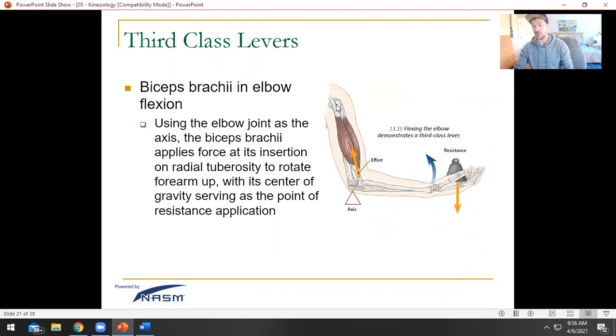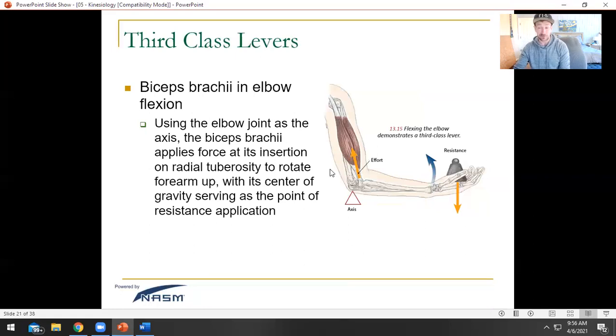So you've got effort pulling the elbow up this way against this big, long lever here. This is why your bicep muscles are really strong, guys. They really are. But their mechanical advantage is not very large. This is a third class lever.